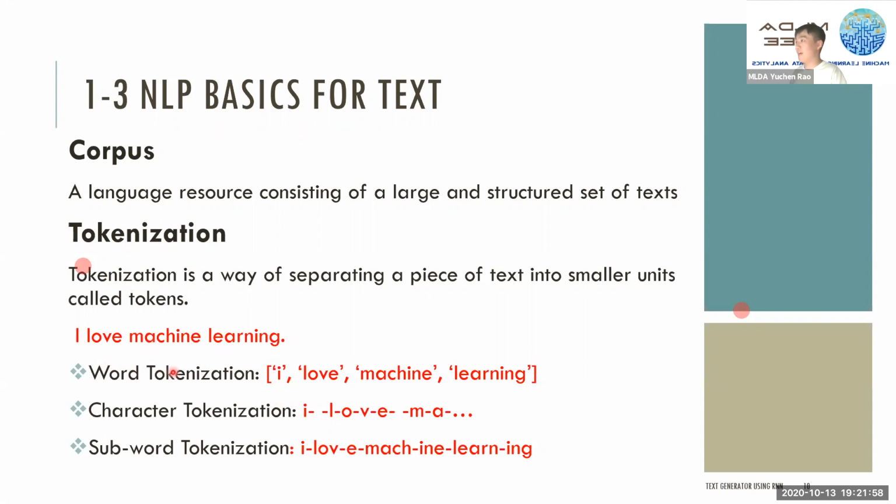So we split everything and, based on that, predict the next character. There are also many other tokenization ways, like subword tokenization, where we extract the prefix and suffix and form a list of subtexts like this.